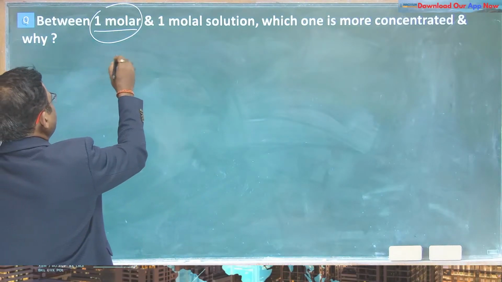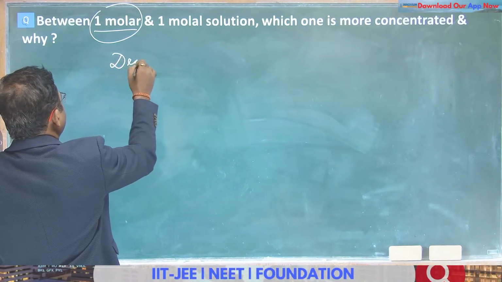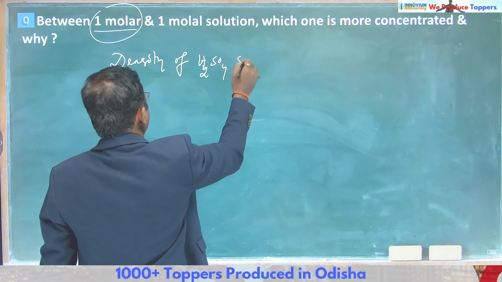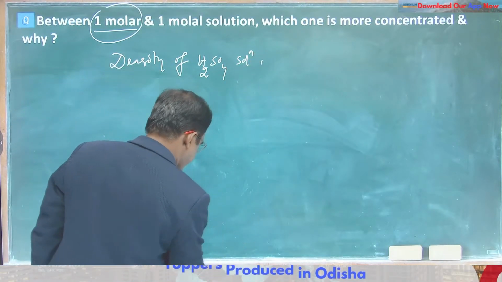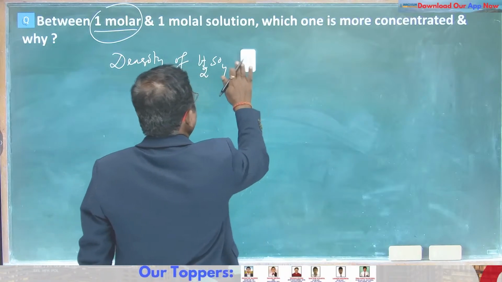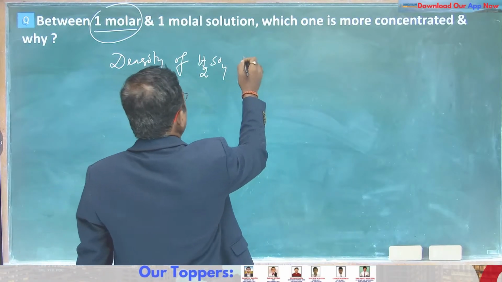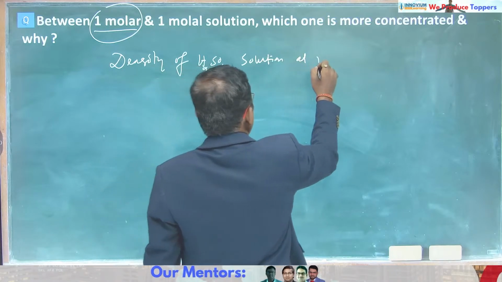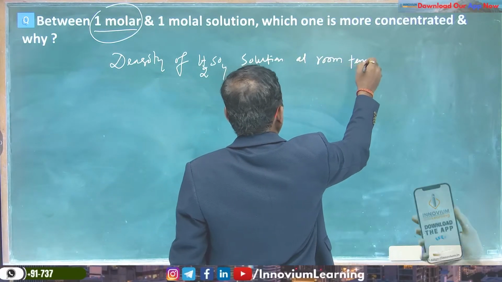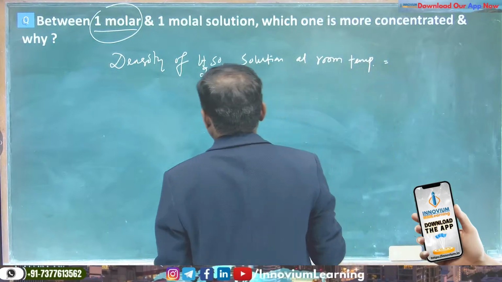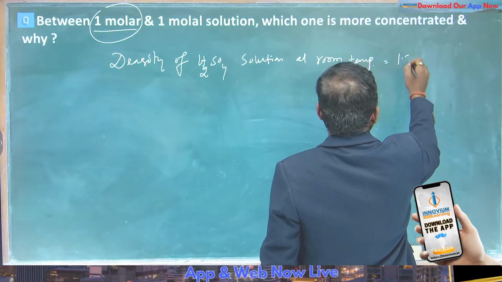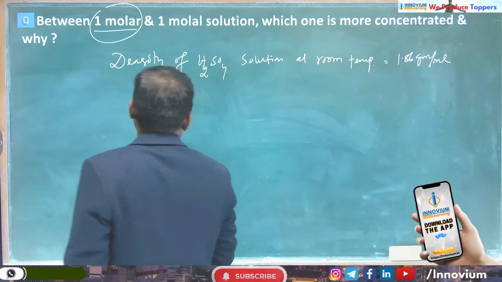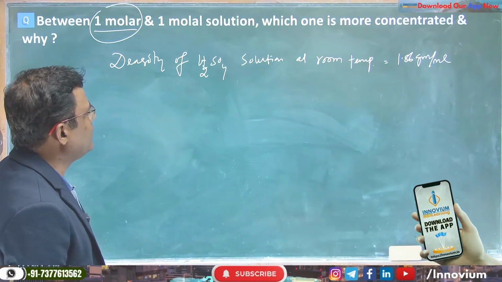The density of H2SO4 solution at room temperature, I am considering here, is 1.86 gram per ml.